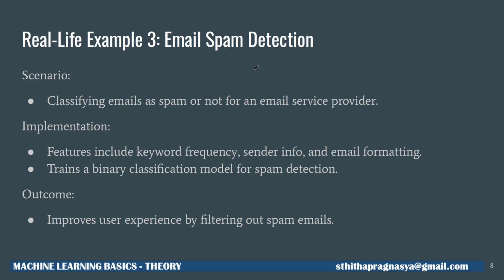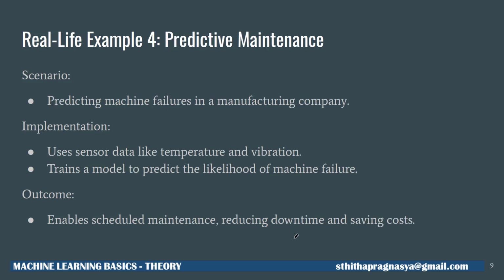This provider can train a binary classification model using the linear learner algorithm on a labeled data set of emails. Features might include word frequency, metadata, and other textual features. And the outcome would be the model filters out spam emails, improving user experience by reducing the amount of unwanted content in inboxes. Trust me, so many emails went into my spam, and if it didn't do that automatically, I would have opened them. Maybe you would have as well.